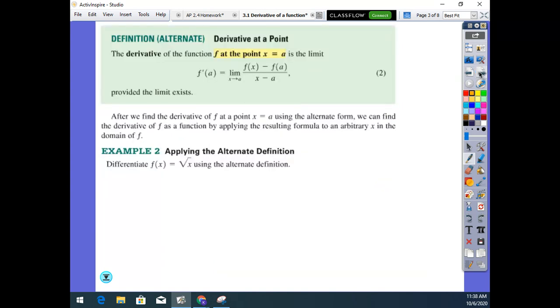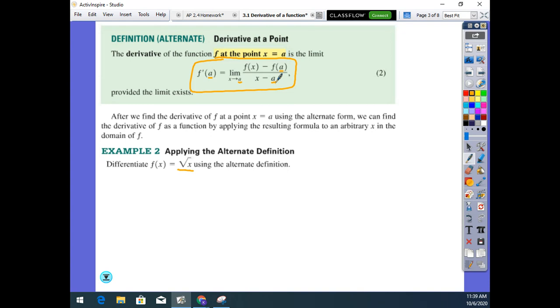Okay, we use that definition 90% of the time. There are occasions, and I'm going to say with square roots, where we're going to use this alternative definition. So go ahead and write this equation down. Notice f of a is all of those places.